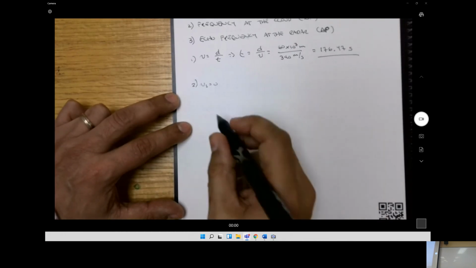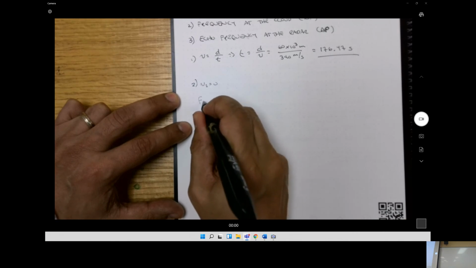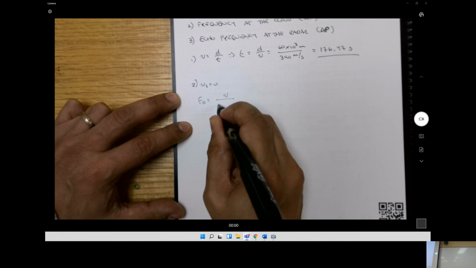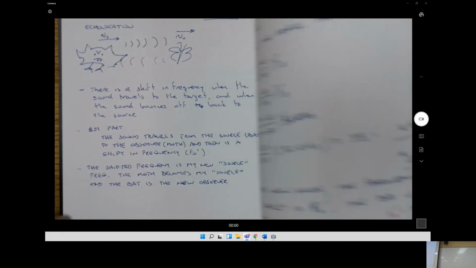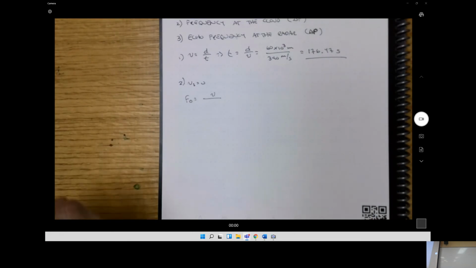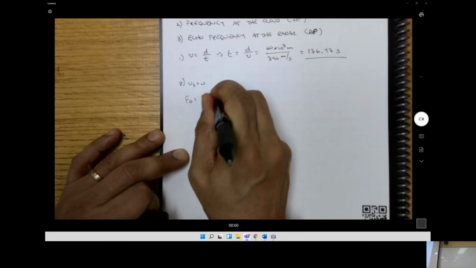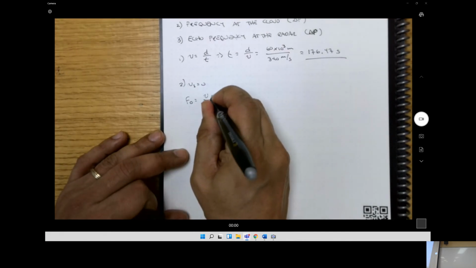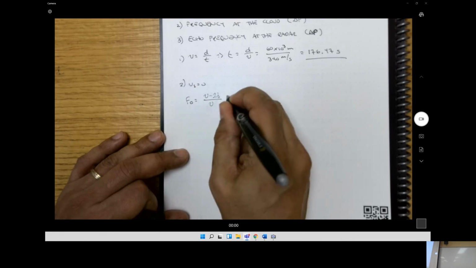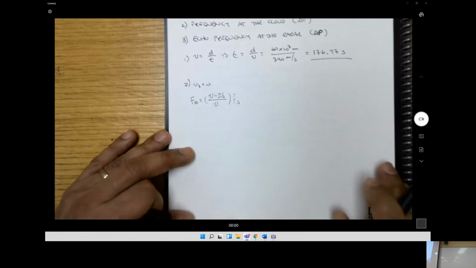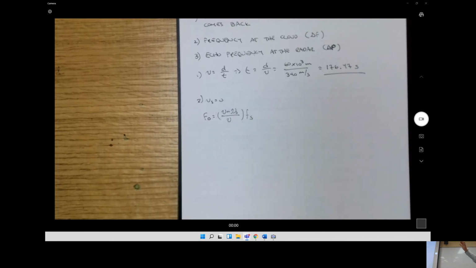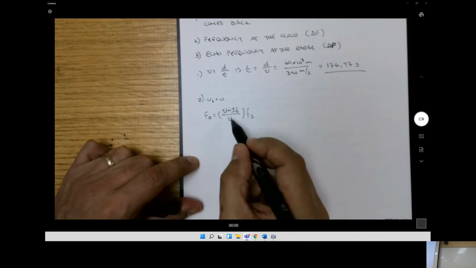So my Doppler effect equation is going to have V minus V naught over V times the frequency. How do I know that I have a negative sign here? Because the cloud is moving away from the radar, so the frequency has to go down.